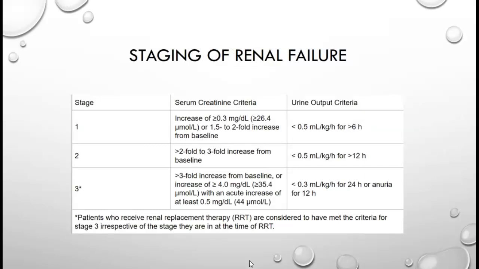You can read over that. It talks about the changes in the creatinine levels and then urine outputs. You can look at either one of those things and help your patients decide if that's something they need to talk about or be seen about.